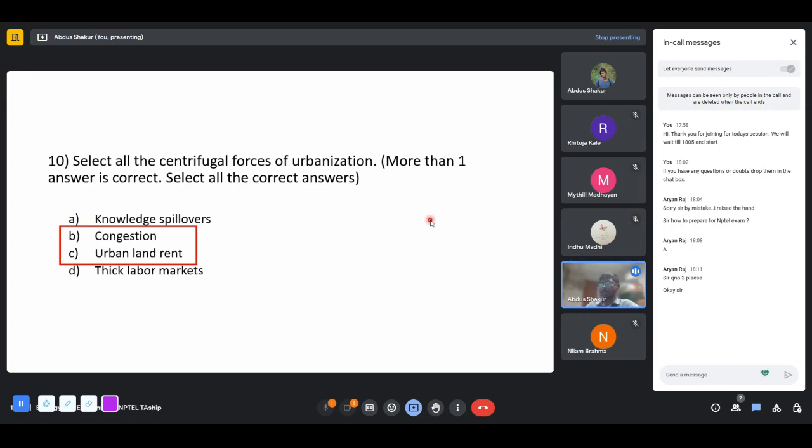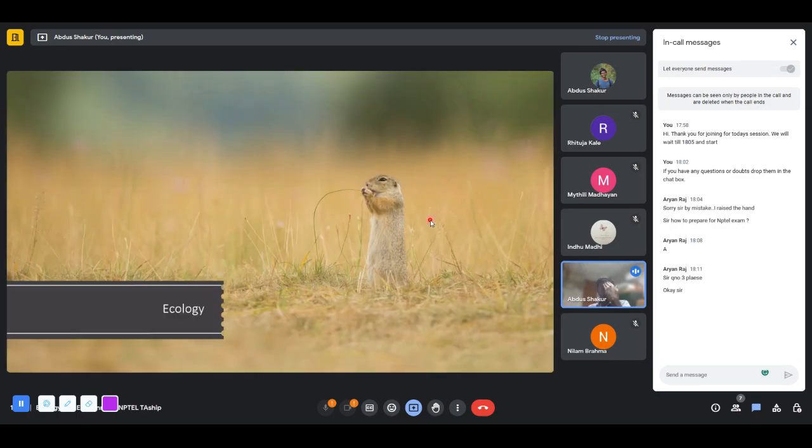So these are some of those centrifugal forces that are involved in urbanization, right? So that's all about the previous week's assignment questions.